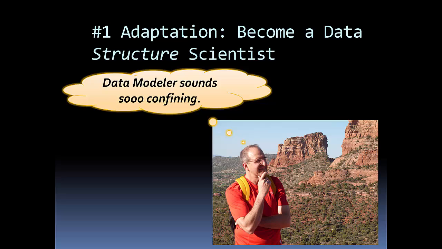We could take this skill and apply it to many more things than just building relational data models that wind up in a relational database design. So the term data modeler sounds so confining. The term data structure scientist is where it's at.